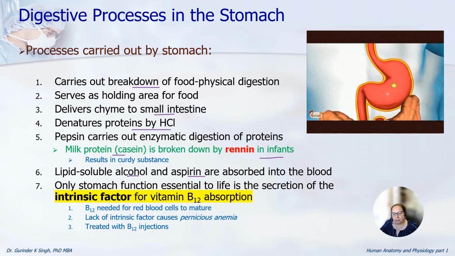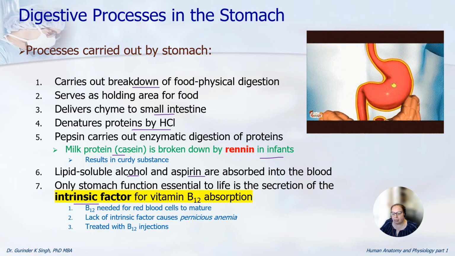Another function the stomach does which is extremely important is that it secretes what we call intrinsic factor. This intrinsic factor is extremely important to absorb vitamin B12, which is the folic acid. It's a coenzyme for a number of enzymes required for synthesis of nucleic acids.